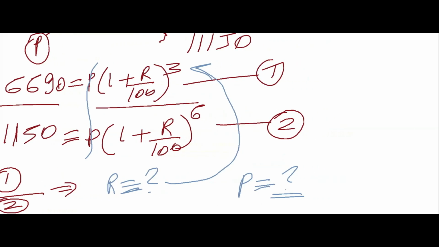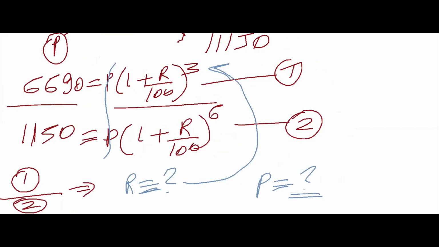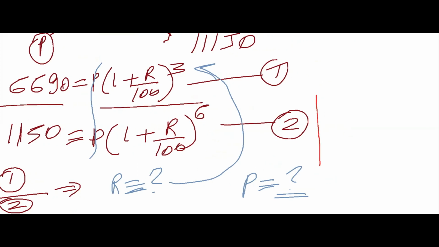What is the other approach? The other approach could be to directly substitute the value of (1 plus R upon 100) to the power of 3 into equation number 2. I will explain it here.